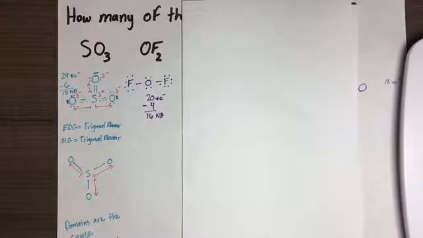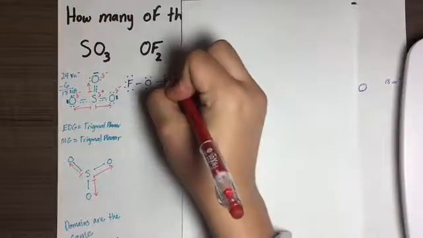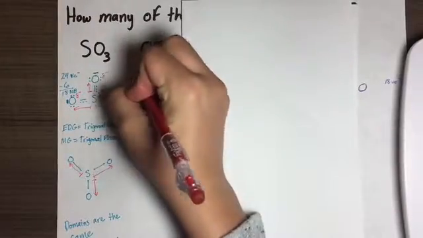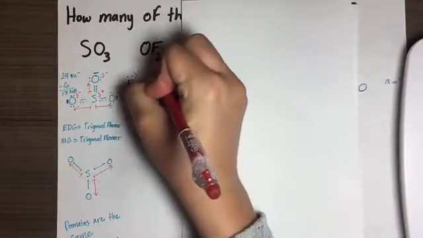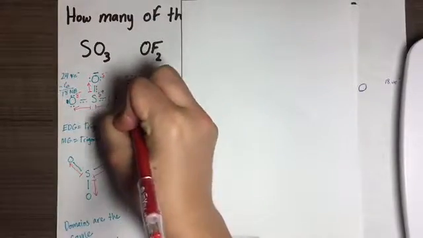So now we have to determine our electronegativity for each atom. Fluorine has a higher electronegativity than oxygen, so it will have a partial negative charge, and our oxygen will have a partial positive charge. So our dipoles are going outwards towards the fluorine.